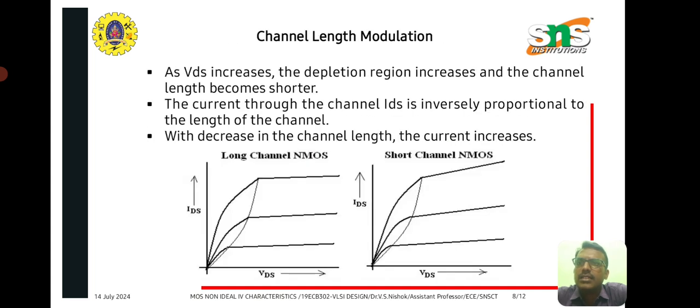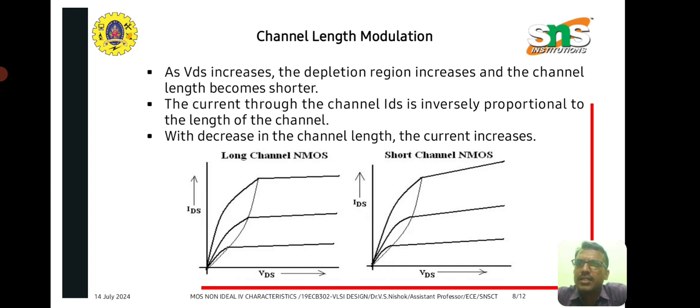Next, channel length modulation. As VDS increases, the depletion region increases and the channel length becomes shorter. The current through the channel, IDS, is inversely proportional to the length of the channel. With the decrease in the channel length, the current increases. In the ideal characteristics, we discussed that in the saturation region the current remains constant even when the voltage increases, as given here in the picture for long channel NMOS.